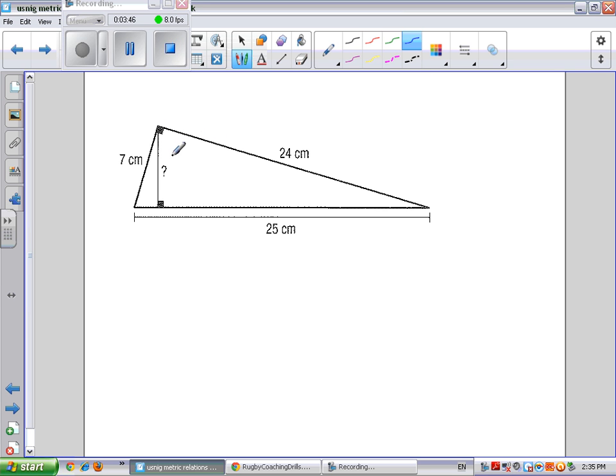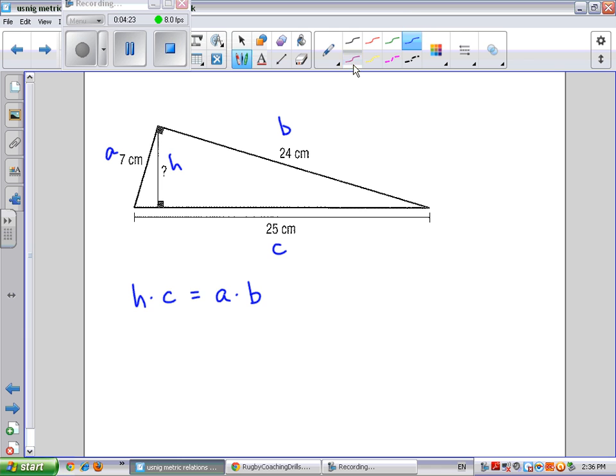The idea here is that you're looking for the missing altitude, and if I use the same letters as in the first video, then this and this and this are given to me. This is the whole hypotenuse and the two legs of the big triangle. The relationship that would allow me to solve for the missing altitude the quickest would be that the altitude times the hypotenuse is equal to the product of the two legs of the big right triangle.